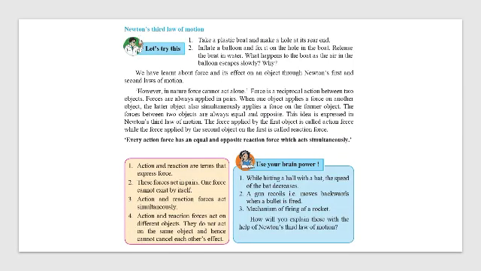We'll study this with respect to Newton's third law of motion. In Newton's third law of motion, for every action there is an equal and opposite reaction, and this reaction is instantaneous.